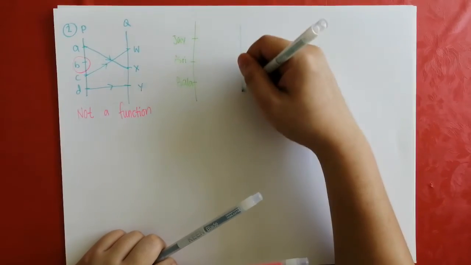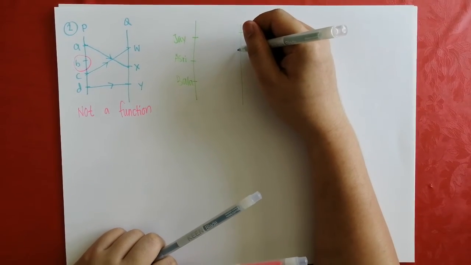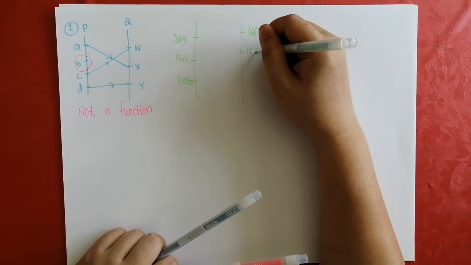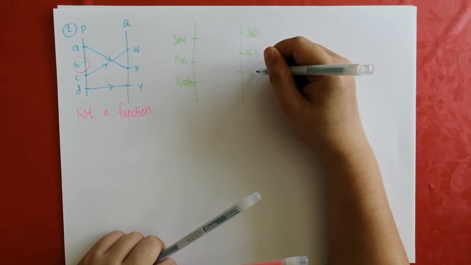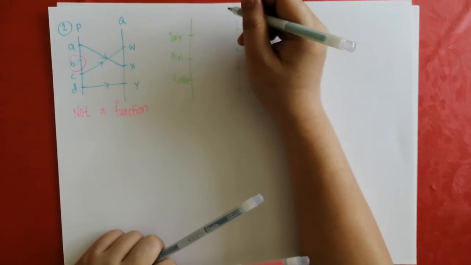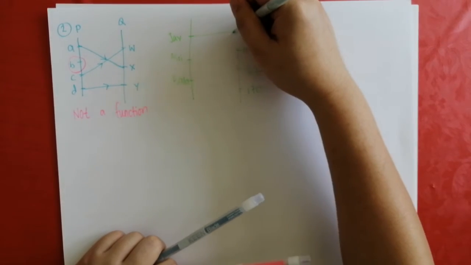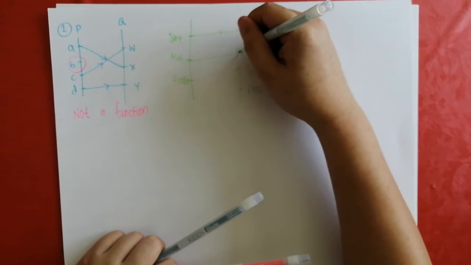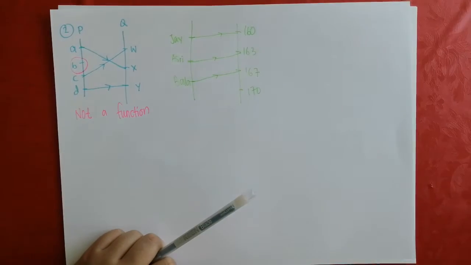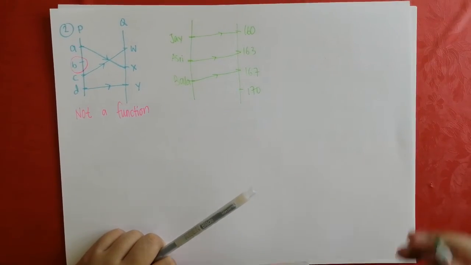And we have a set of images: 160, 163, 167, and 170. Then Jay is mapped onto 160, Asri is mapped onto 163, Bala is mapped onto 167, and this is the height of each person.